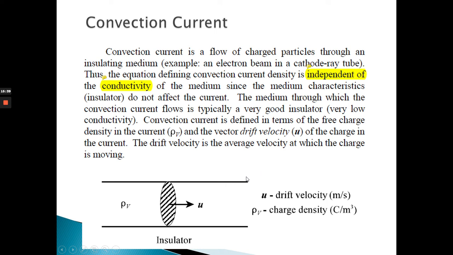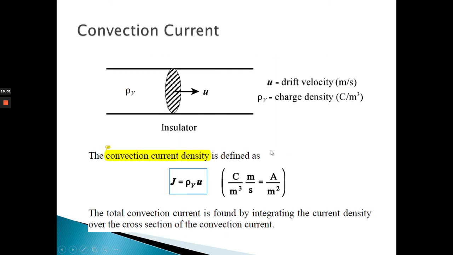So if we have rho v, meaning a volume charge density, and we know the drift velocity of any insulating material, then we can get our convection current. How can we get it? By multiplying rho v by u, where u is the drift velocity of the insulating medium.